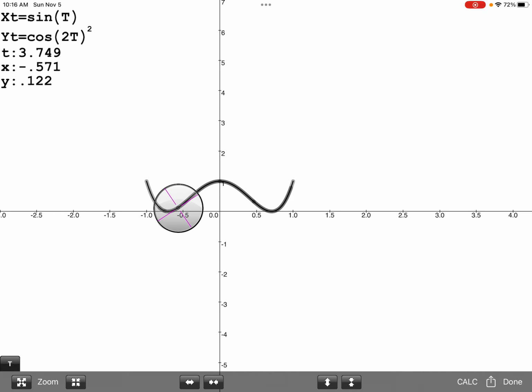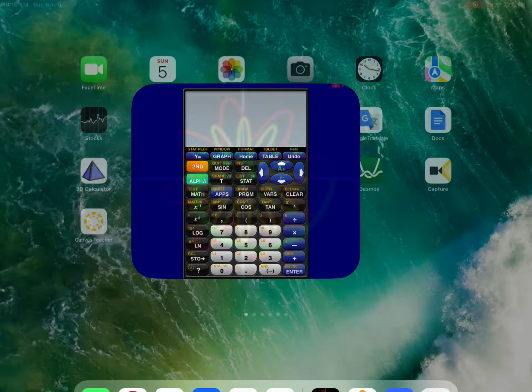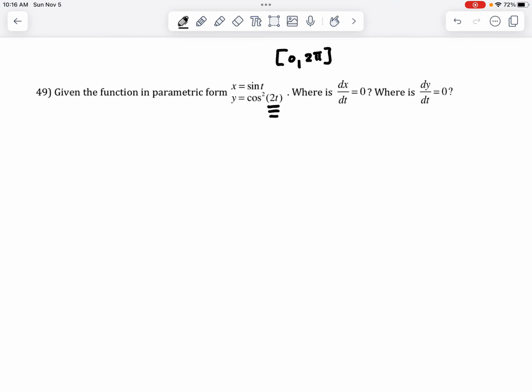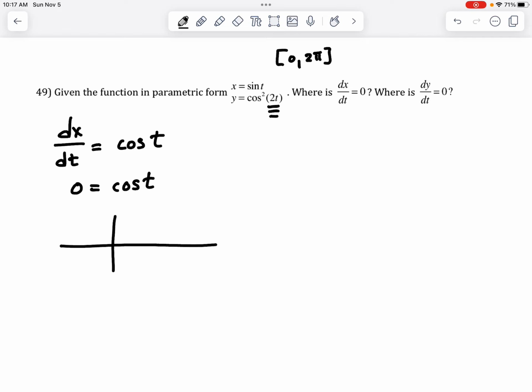Then what about the derivatives? So first of all, dx/dt equals 0. So the derivative of the x function, that is just cosine, and then set it equal to 0. And it's saying, when does cosine equal 0? So if you go back to basic trigonometry, here's the cosine graph from 0 to 2 pi.